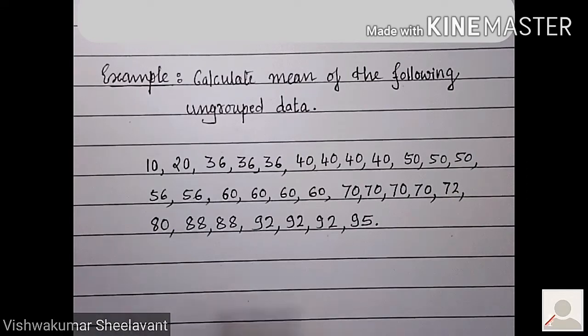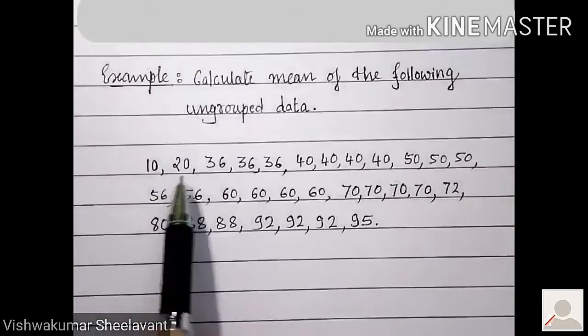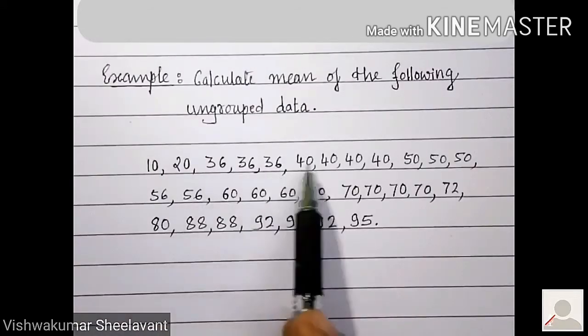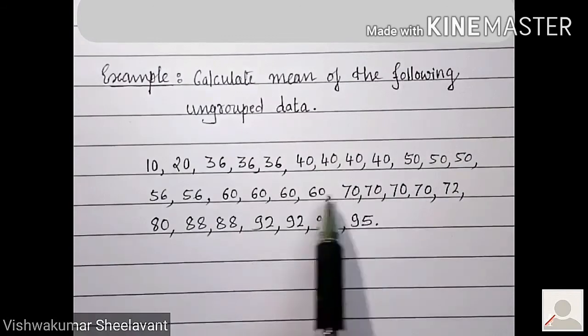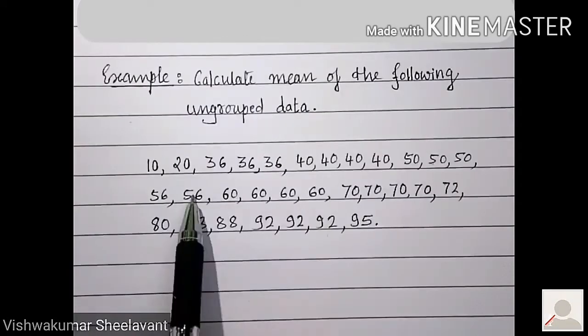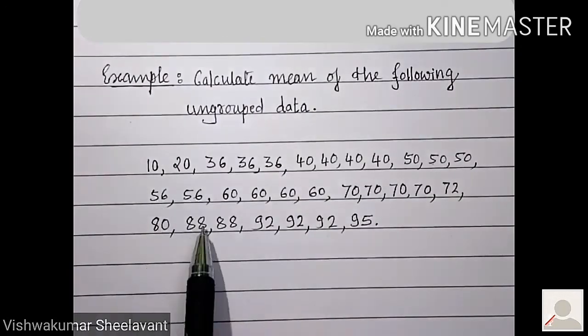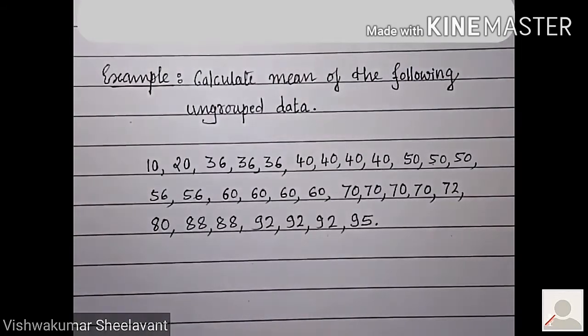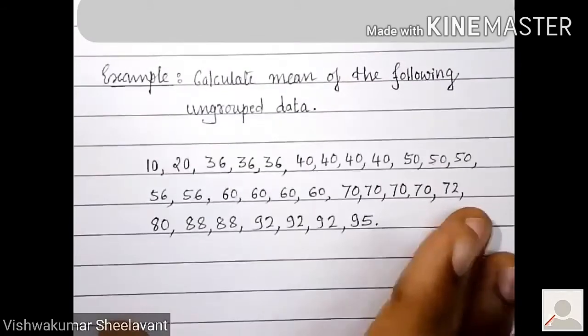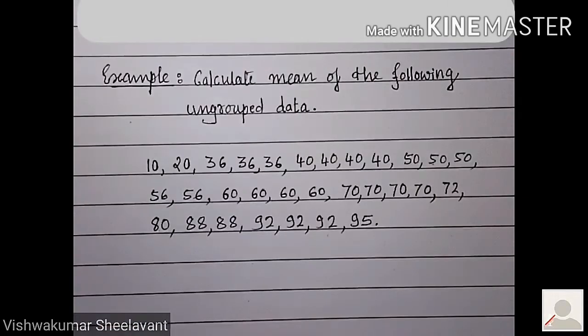So just once you count, check for number of marks equal to 30. 1, 2, 3, up to 30. It means that we have written all the students' marks. Verification is very important.